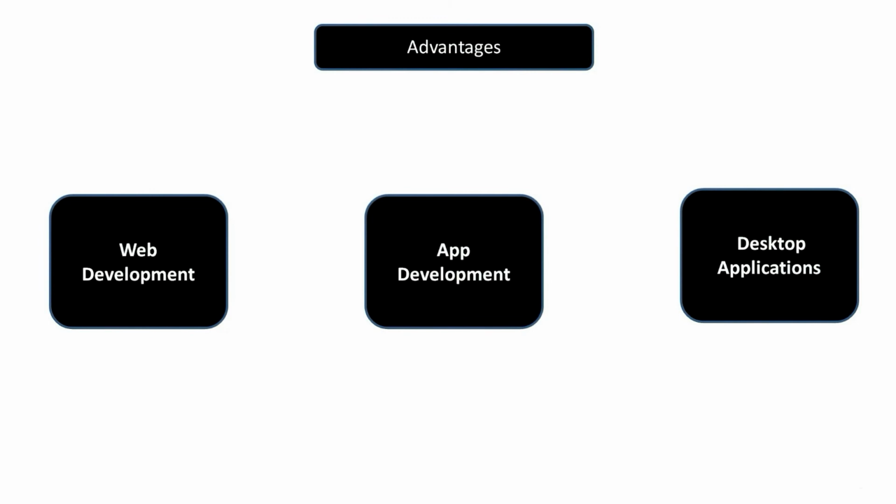So React Native is the cross-platform JavaScript framework used for developing iOS and Android applications in only one programming language, that is called JavaScript. And we can also develop desktop applications with the help of JavaScript using Electron.js. So this is up to the introduction of JavaScript.